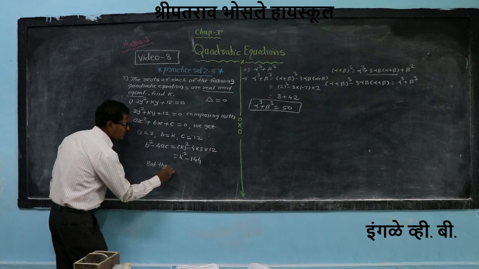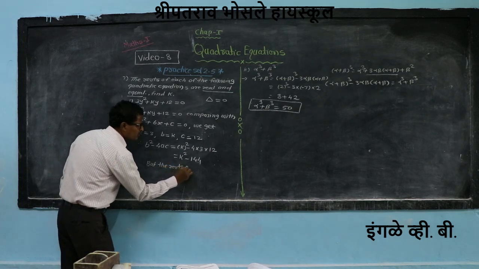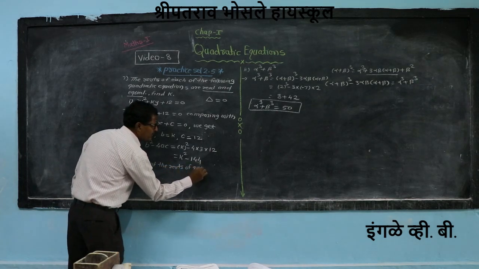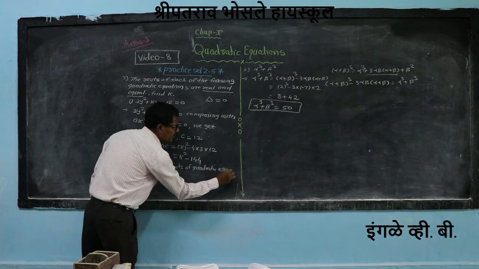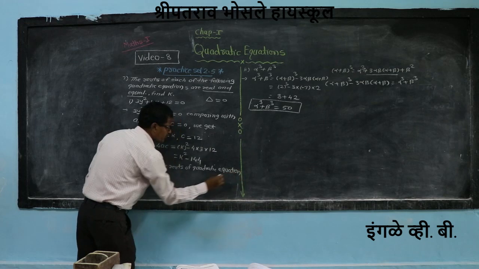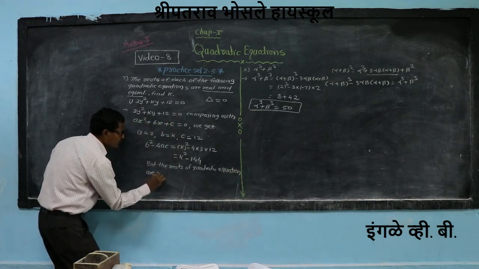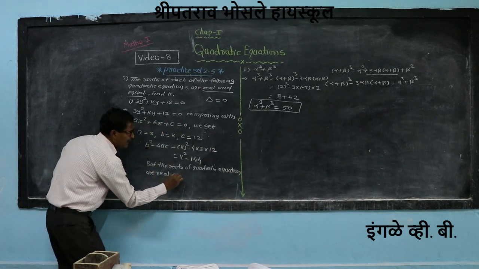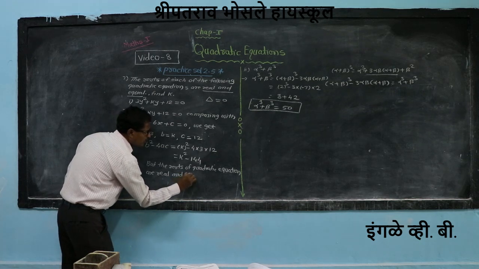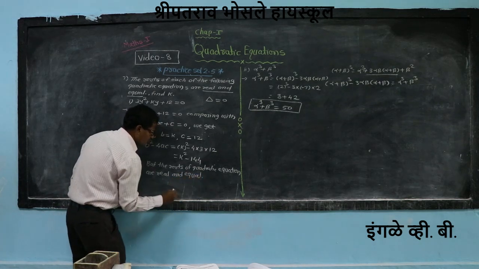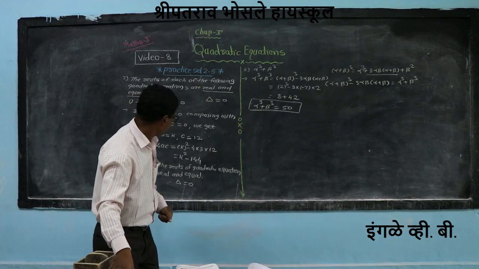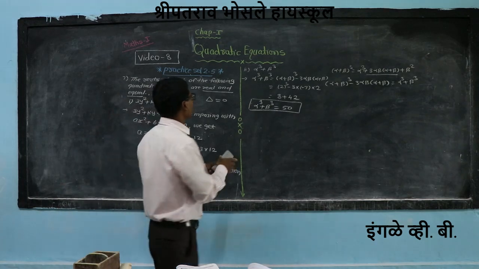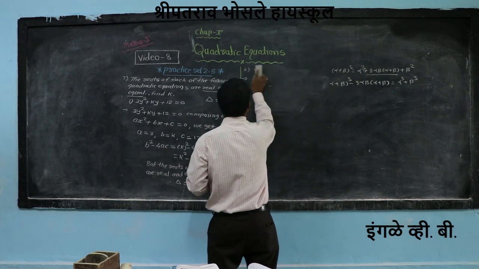But the roots of the quadratic equation are real and equal. So therefore delta is equal to 0. That means delta, b square minus 4ac, is equal to 0.